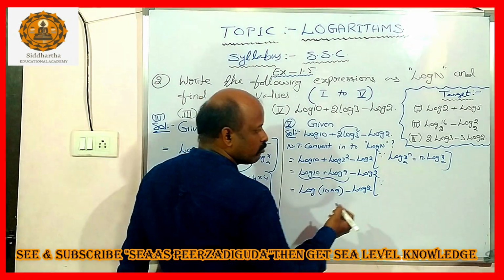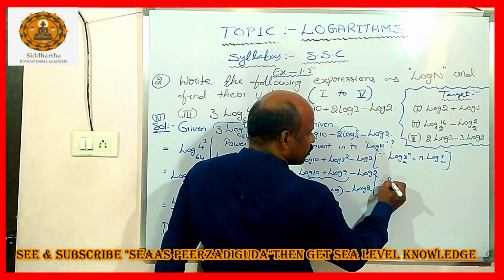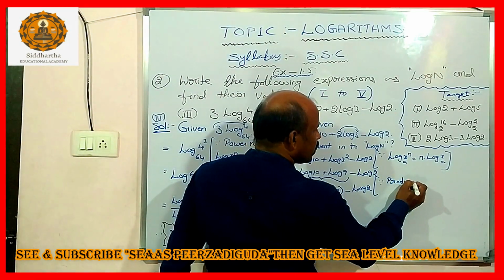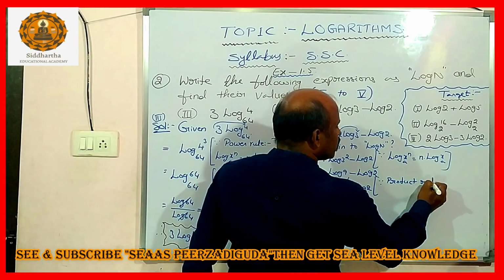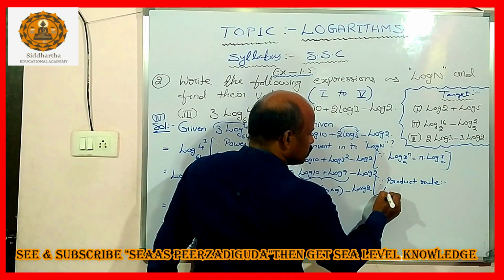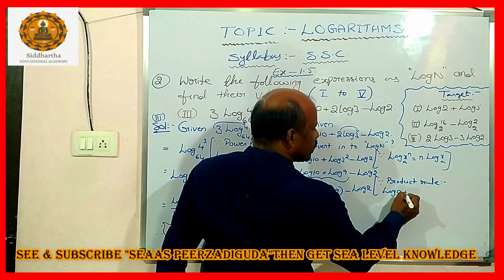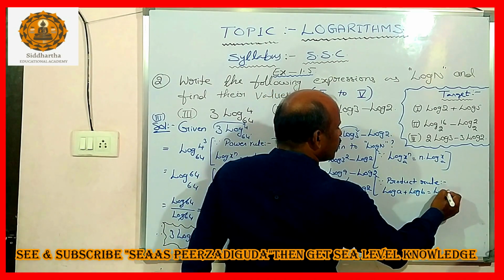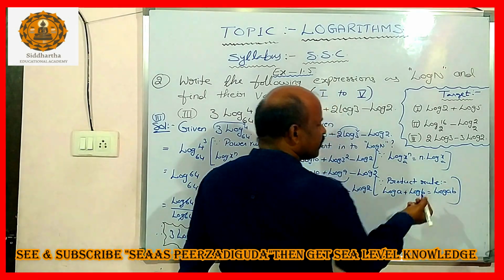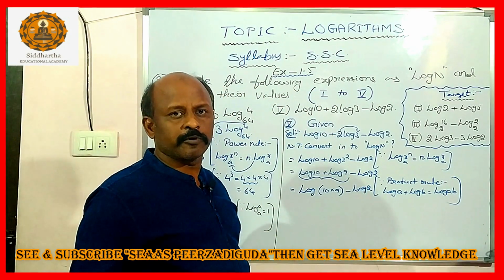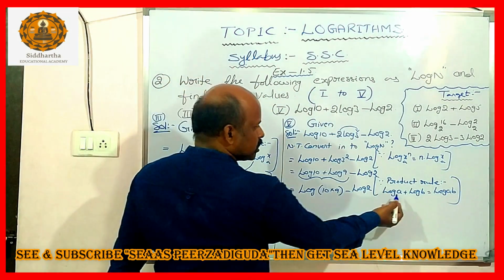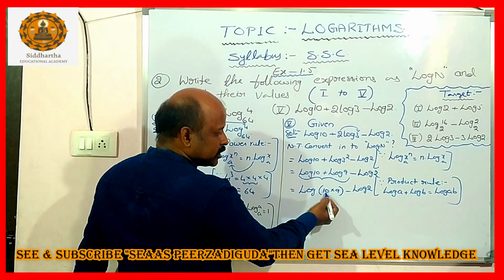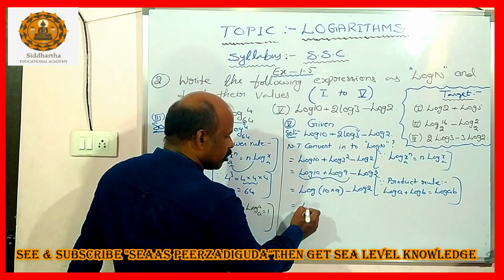Since we have one formula, the product rule under logarithms. What is the product rule? Log a plus log b is equal to log ab. Instead of ab we can take mn values also, no problem at all. By using this formula I multiply 10 into 9, and we got 90.